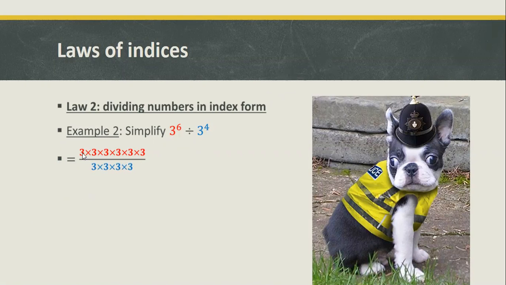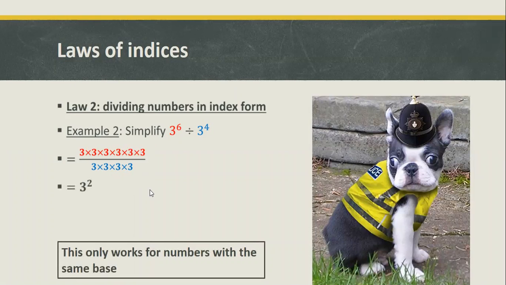So this 3 we cancel this, and this take out this. How many 3s do we have left? 1, 2. So 3 times 3, which means 3 squared, 3 raised to the power of 2. Again, remember that this only works for numbers with the same base.